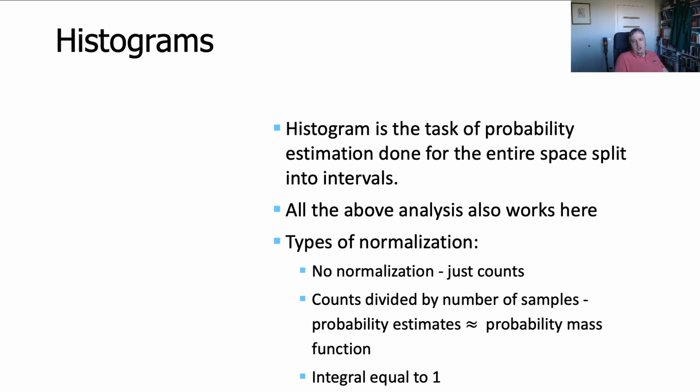In that case, our histogram becomes the estimator of a probability mass function. So assuming our problem can be divided into a given number of intervals, our histogram will be a probability mass function, a function that assigns probabilities to given intervals, and all sum to 1.